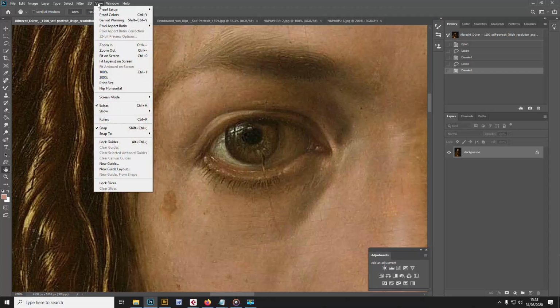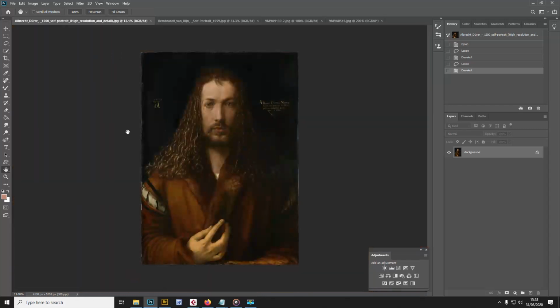And when we think of the average viewer of this painting, if you imagine you went into an art gallery and stood probably several feet away from this painting, this is the kind of impression you would get. You would not even be able to see the detail that he has painted into the eyes here.